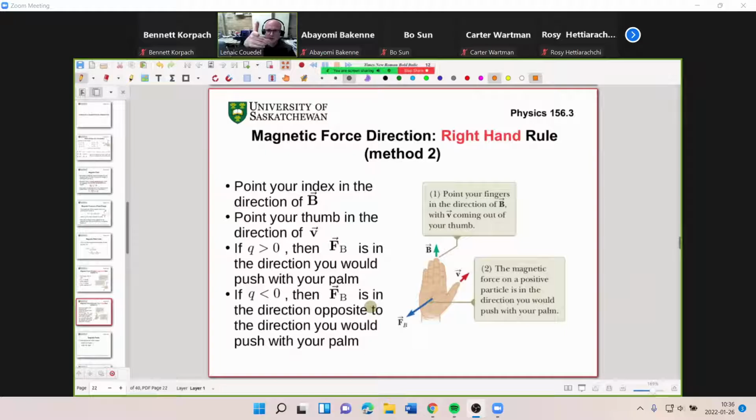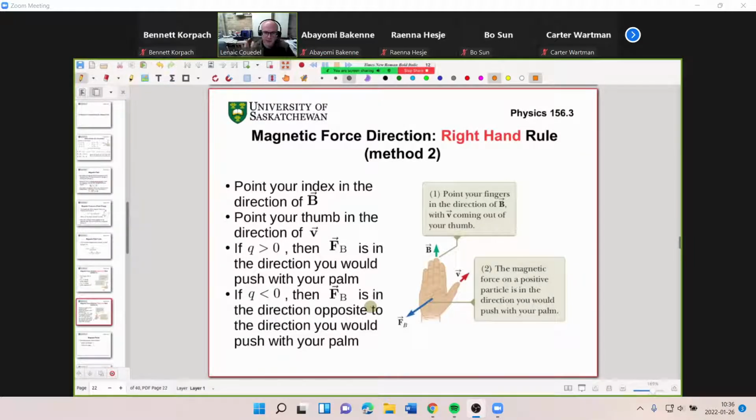And the magnetic field is pointing into my screen, so towards you from what you see in the screen. Then the magnetic force will be either pushing in this direction or in this direction. So an electron, is it positively charged or negatively charged? Negative. Negative. So the force will be opposite to my palm, so in this direction.